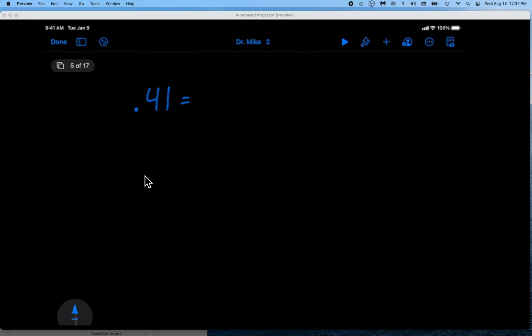What you would say is, that is 41 hundredths. Well, so is this. It's almost the easiest way to do it. Pronounce the word and then create the fraction.